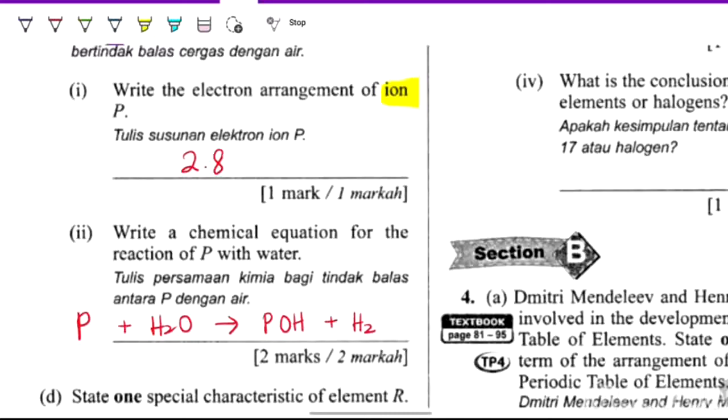So we need to balance the chemical equation. For hydrogen, we need to times 2 here, so the total will be 4 hydrogen at the product side. So this one you have to times 2 also. Oxygen and hydrogen are already balanced. Now remains the P, so P times 2 here, so this one needs to times 2 as well.